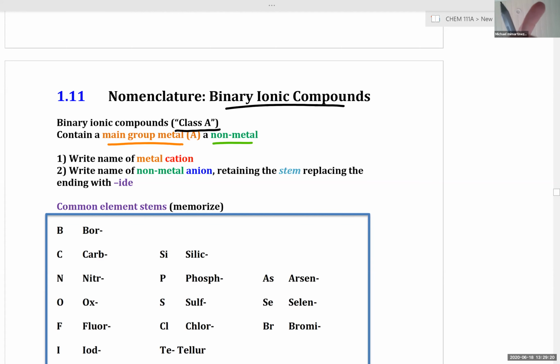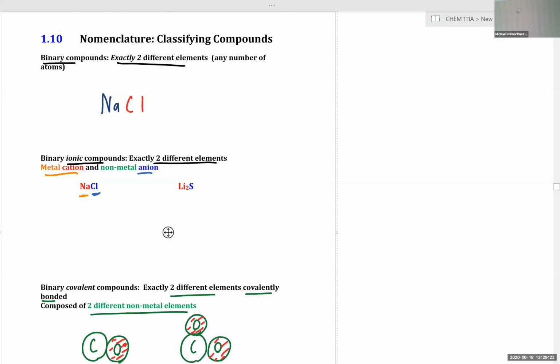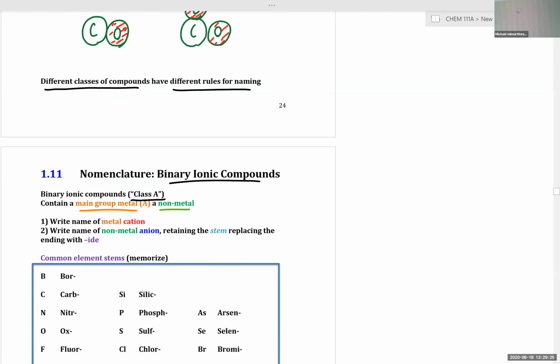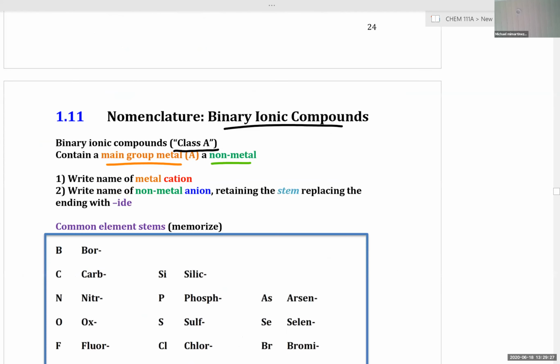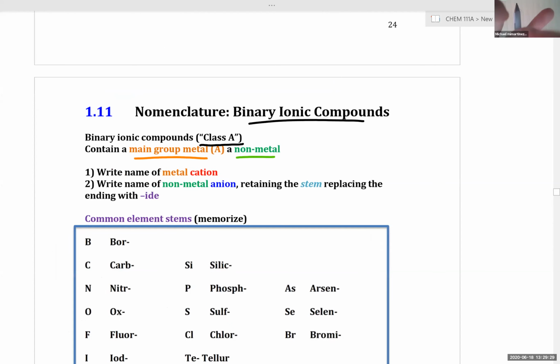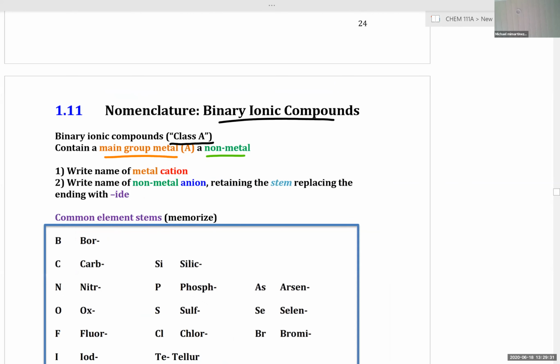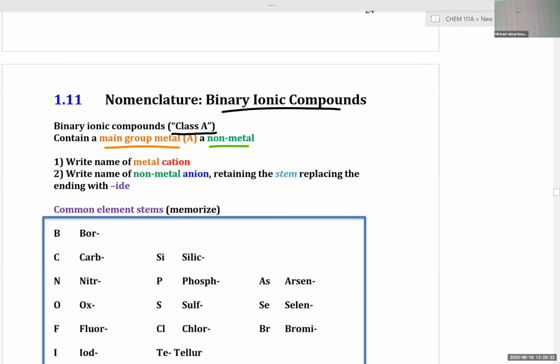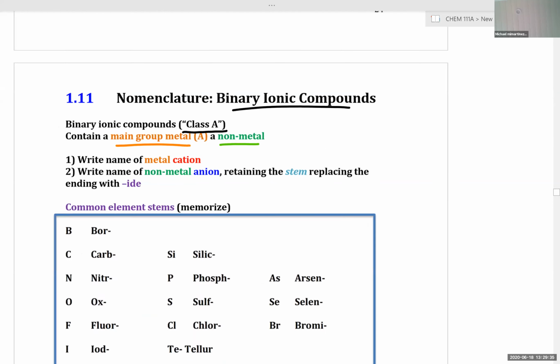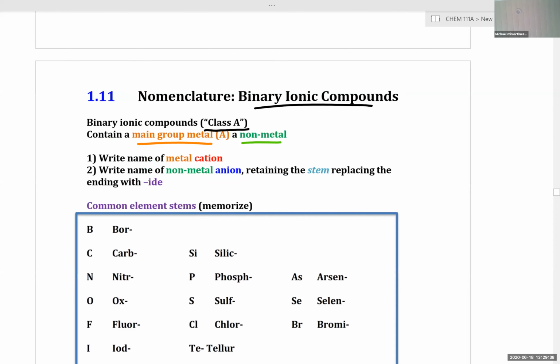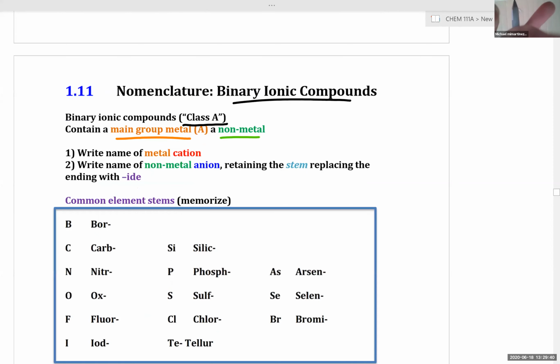So first and foremost, when you're naming these binary ionic compounds, your first step is just to write the name of the metal cation straight from the periodic table. So this is why you're going to need to be familiar with your element names.